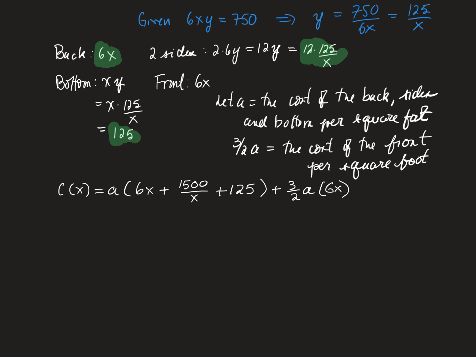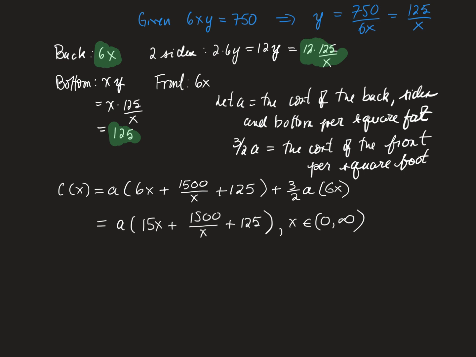The cost will be the cost of the back, sides, and bottom per square foot times the amount of material needed for those portions, plus 3/2 A, which is the cost of the front per square foot, multiplied by the amount of material needed for the front. Let's simplify that a bit. I've gone ahead and expanded and simplified to get this, and I've listed x as being in the interval 0 to infinity.